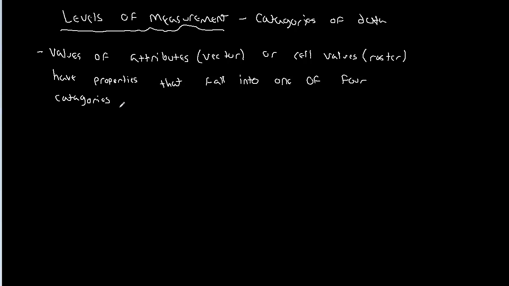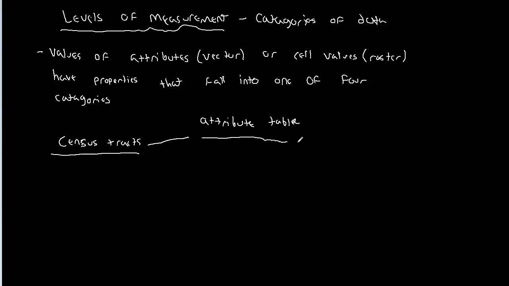So this could be, for example, say you have census tracts. Right, so let's use an example, census tracts. We have census tract polygons, and the census tract attribute table has the following variables.